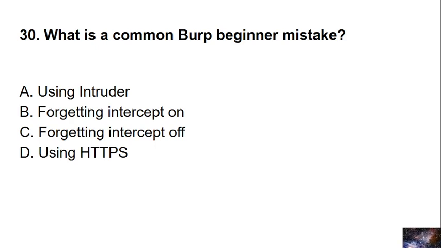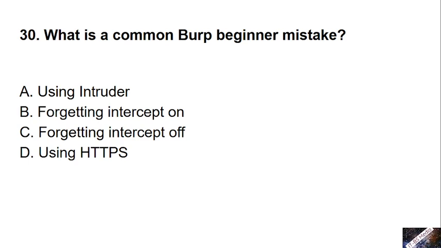30. What is a common Burp beginner mistake? Using Intruder, forgetting intercept on, forgetting intercept off, using HTTPS.